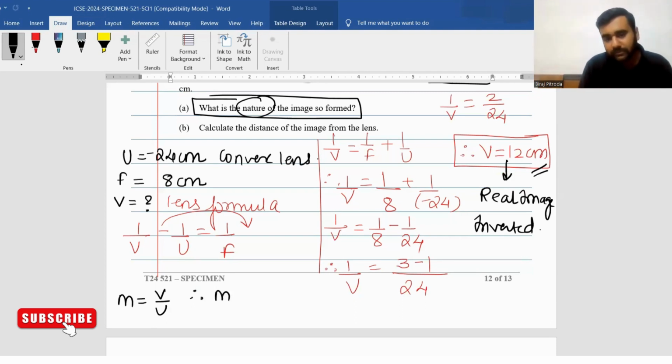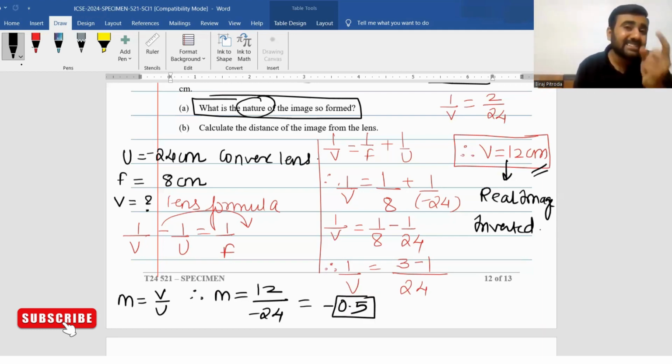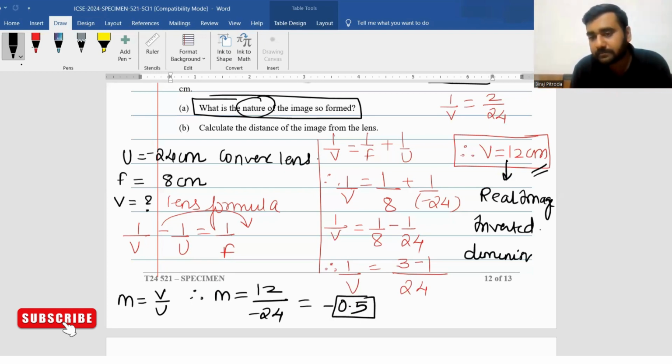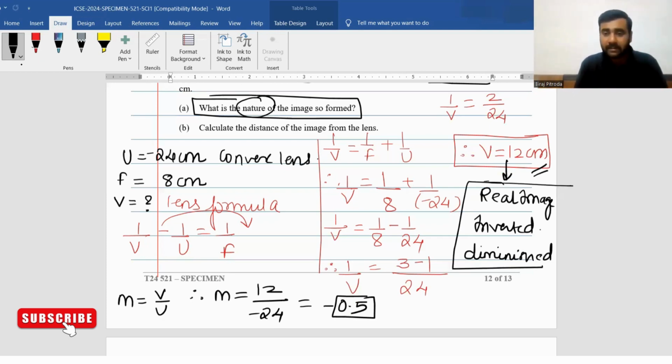Students, we know that v is 12 and u is minus 24. I'm getting the answer as minus 0.5. Since this 0.5 is less than 1, that means the image is diminished. So the nature of the image is real, inverted, and diminished.